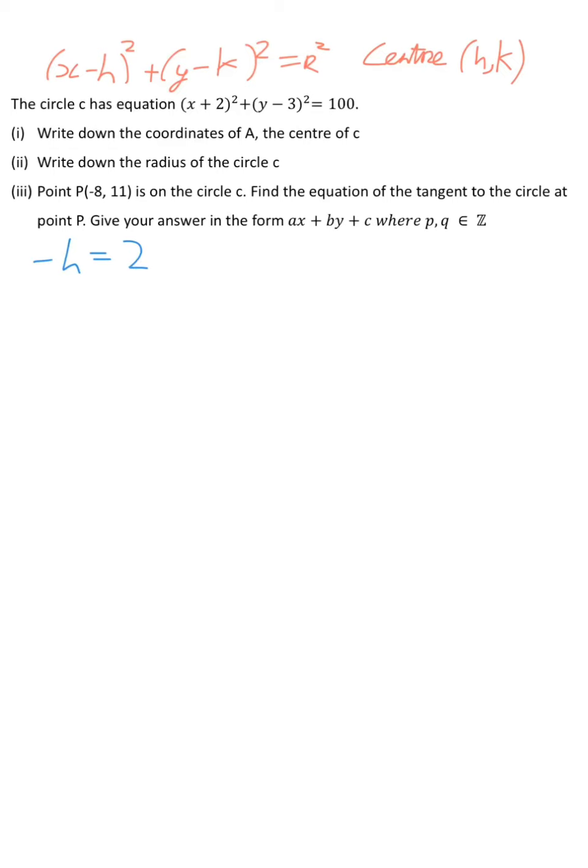So then multiplying across by minus 1, we'll have h is equal to minus 2. Then we'll have minus k is equal to minus 3. Again, multiplying across by minus 1 gives us k equals 3. So our center then is minus 2, 3.